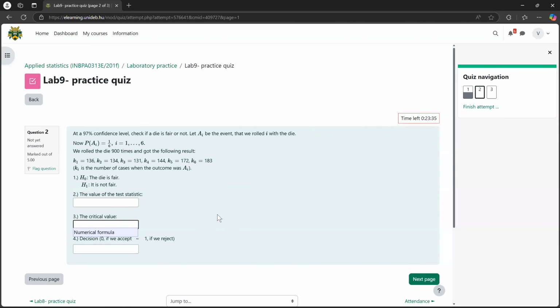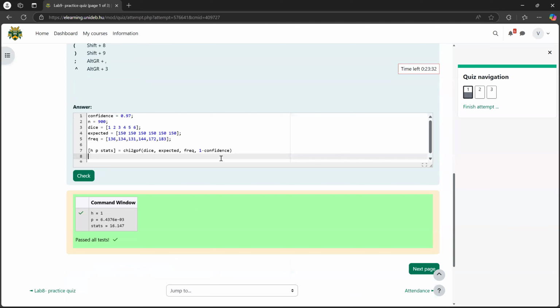Now you will need the degrees of freedom for the critical values. See here, the critical value. So how do you find the critical value? You give it the confidence. So you go here, critical value is equal to G2 inverse, and all you have to do is the confidence and the degrees of freedom, which is 5.